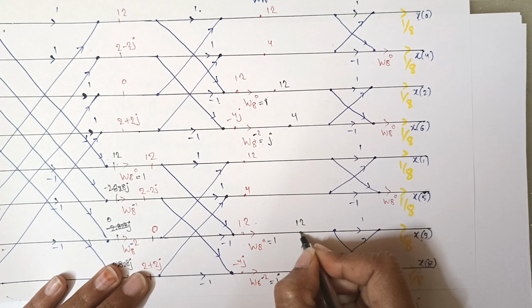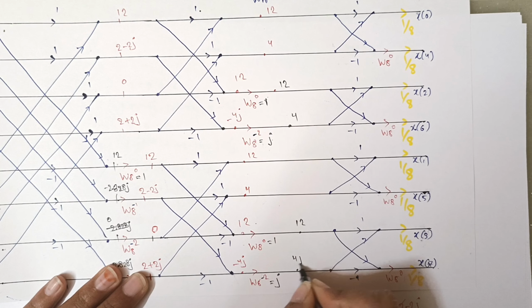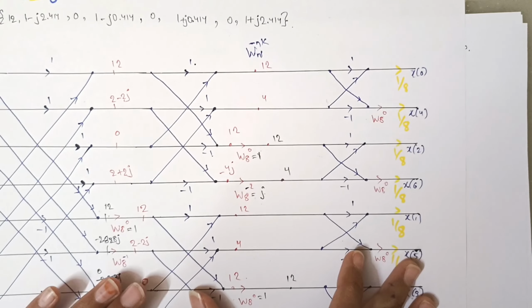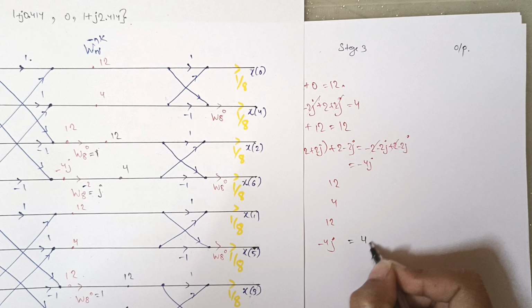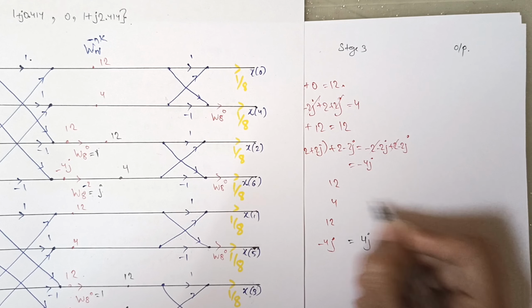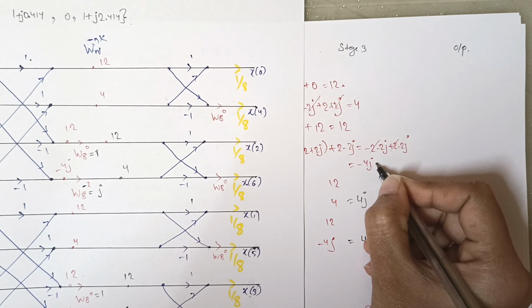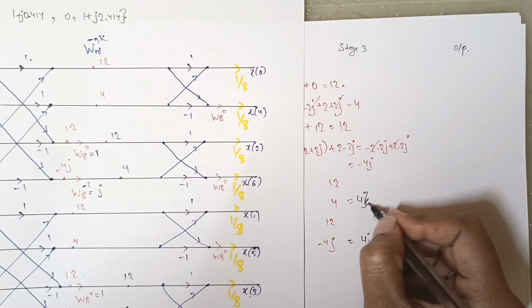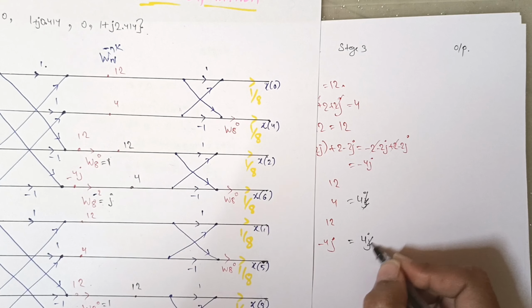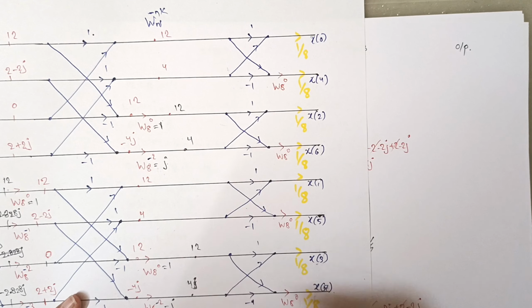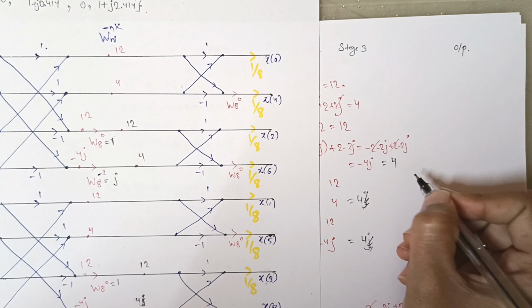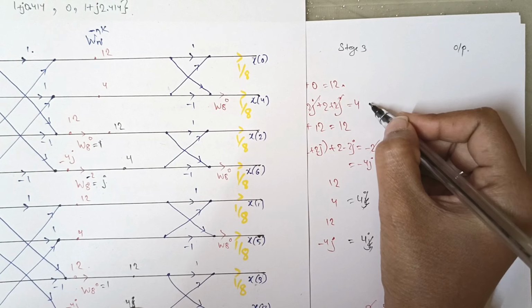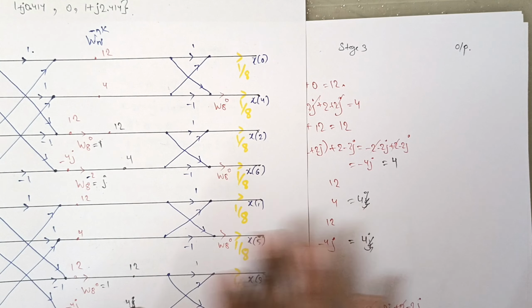Here also it will be the same, and here we will get the same thing, plus 4j. So let's maintain it over here. So we got plus 4j, here it is 12 and here it is plus 4j, and here sorry, it is just 4, not 4j, it is just 4. Okay, these all are fine.